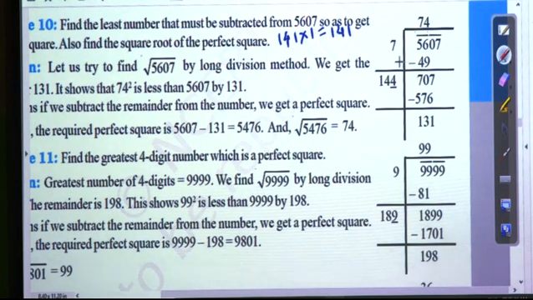Before that, one more important thing, I have to bring the next group below here. So 07 is the next number below the next bar. So 707 is the dividend. And what I am going to find out? Now I am going to try to find a value which is less than or equal to 707.